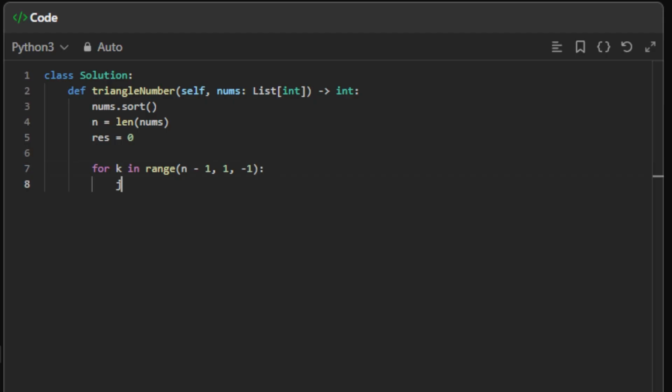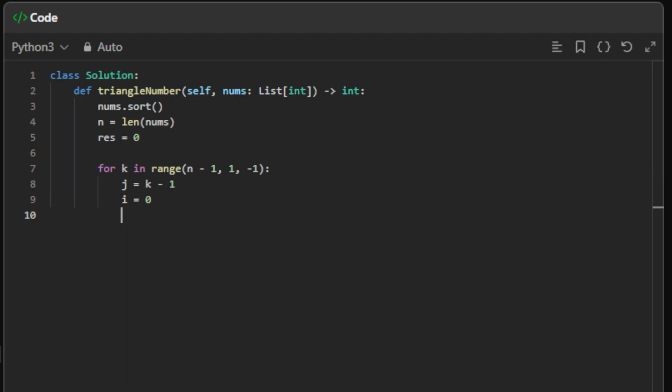So k will always start at the last index, J will always start at k - 1, and I will start at 0.